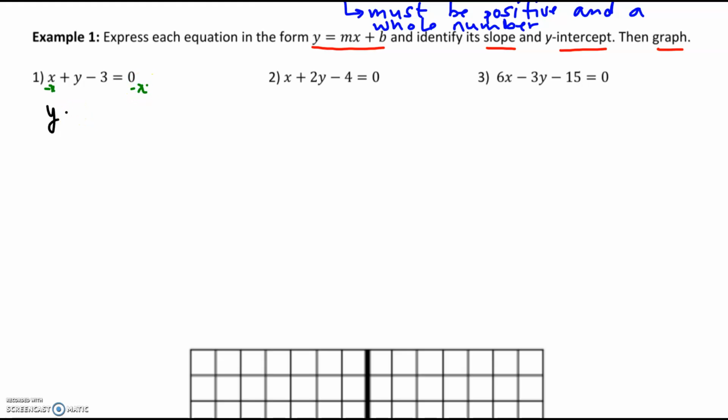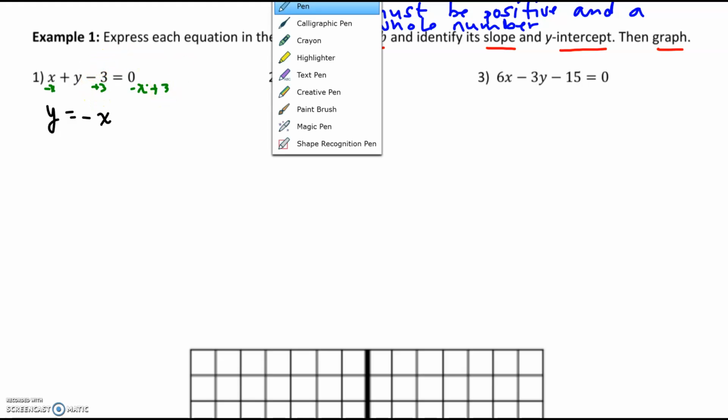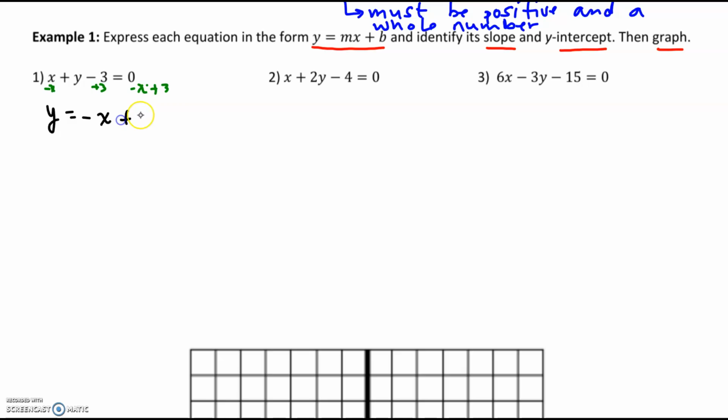And so that leaves me with y equals a negative x. The y is going to stay where it's at. And then the subtract 3, the opposite would be a plus 3. I do that to both sides. The negative 3 comes over and becomes a positive 3.